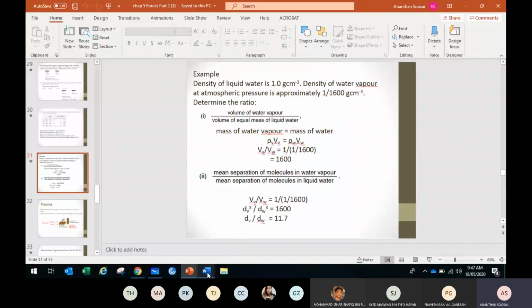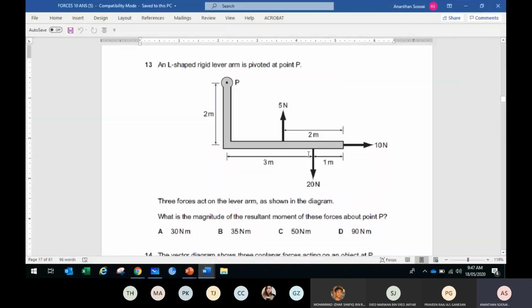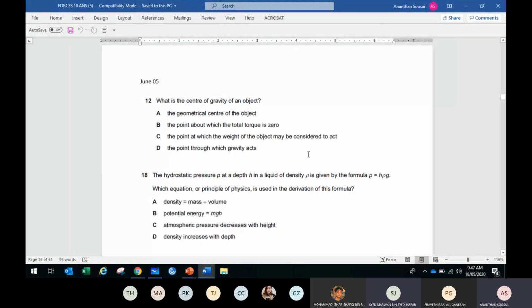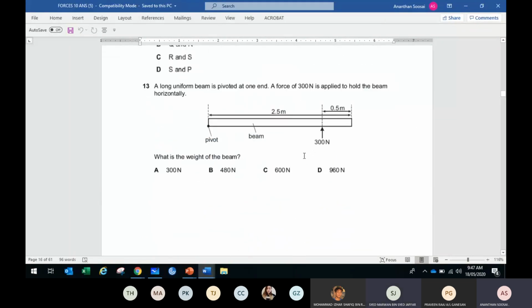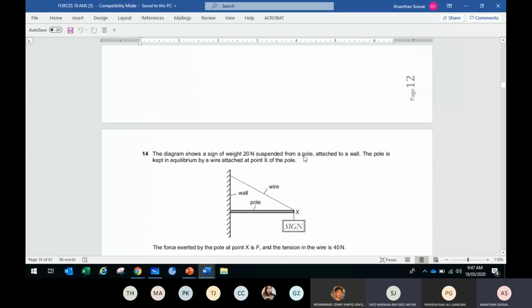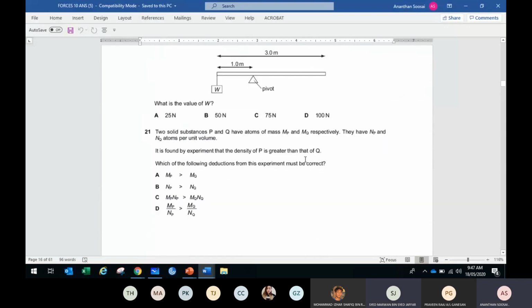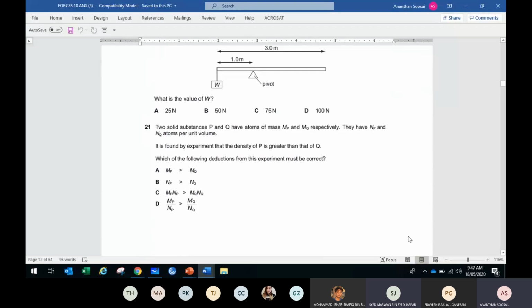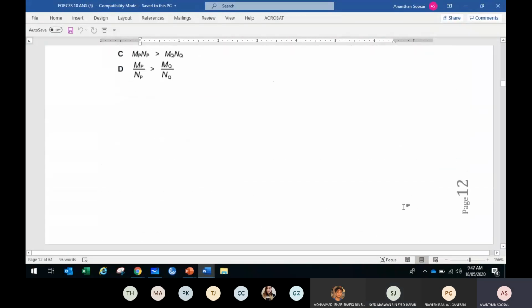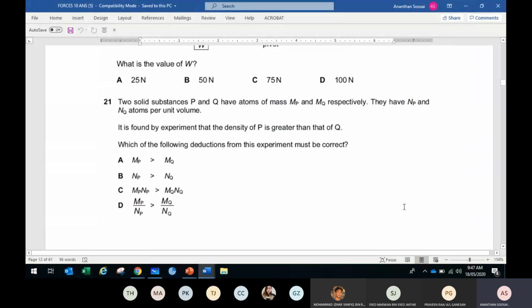Okay, one question from the past year. This is your page 12, question 21.